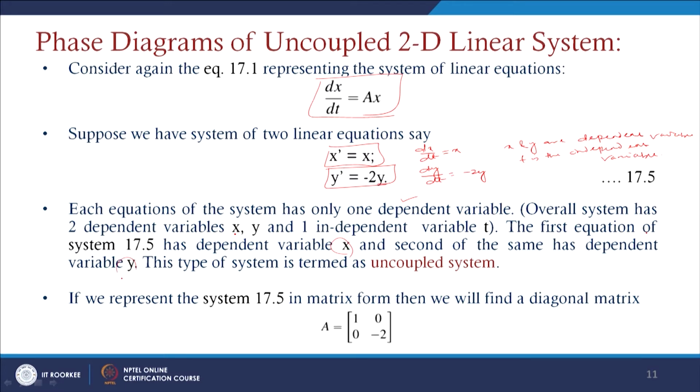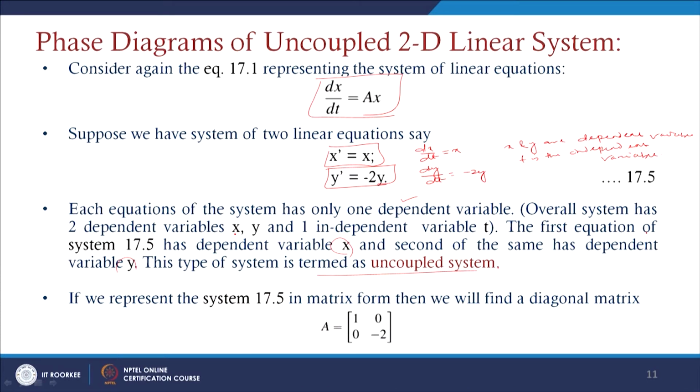Since we have not coupled this system, meaning x is not involved in the second equation and y is not involved in the first equation, this type of system is termed an uncoupled system. If we represent the system in matrix form, we get a diagonal matrix in Jacobian form.